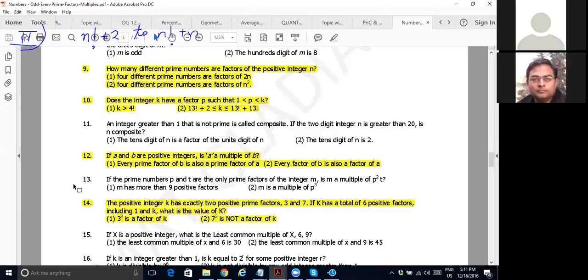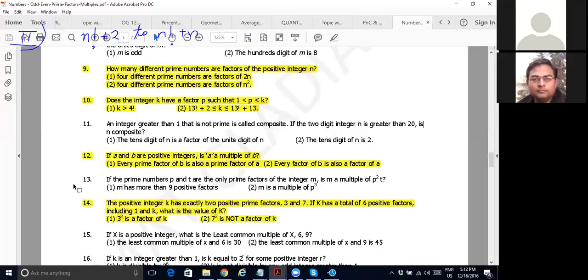Okay, fine. So if K is a prime number, then P cannot divide K. In that case, there will be no such factor P. And yes, if P divides K, then K is not a prime number.